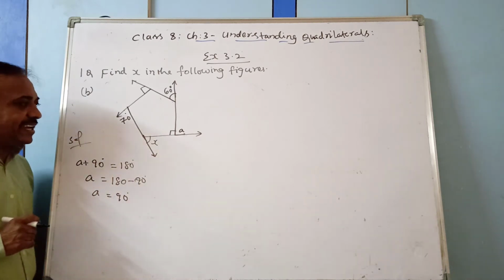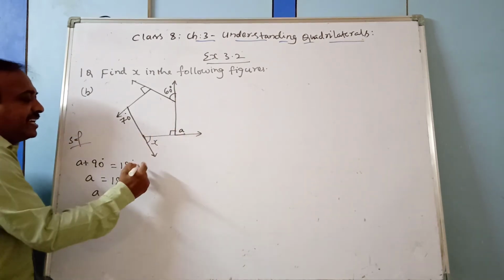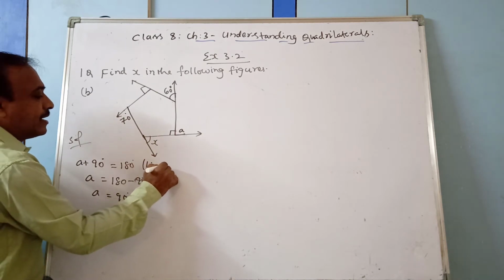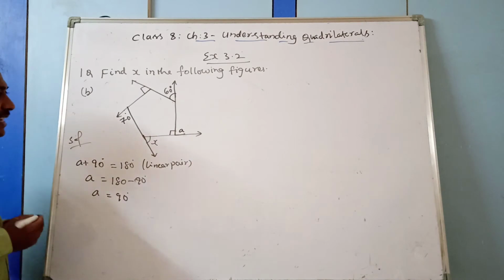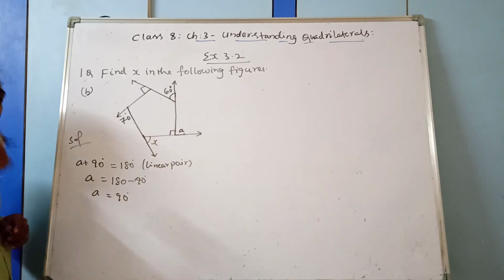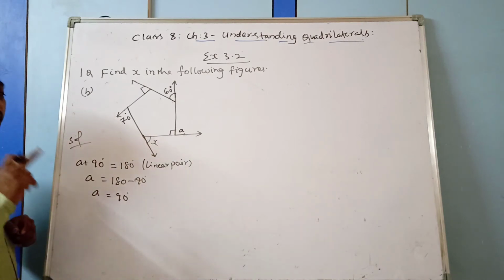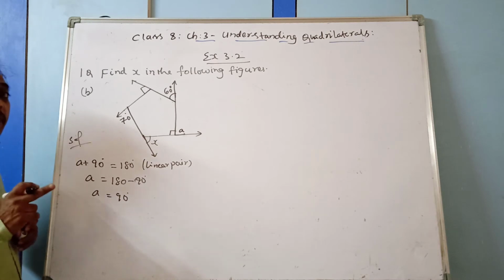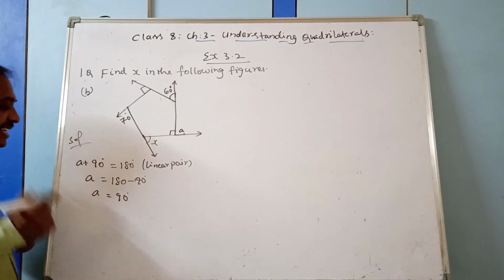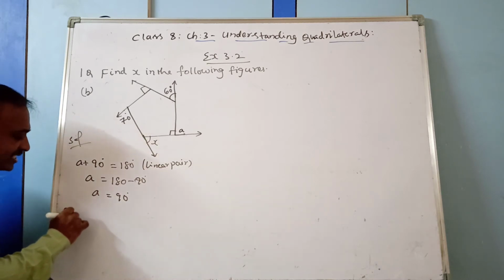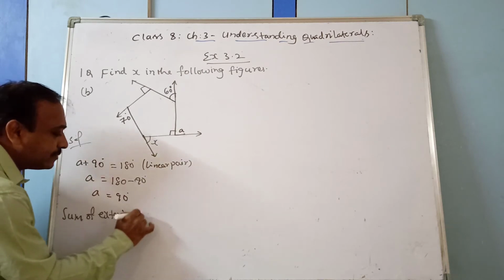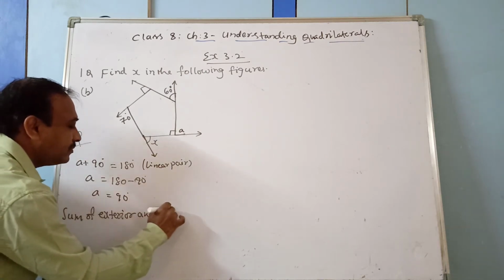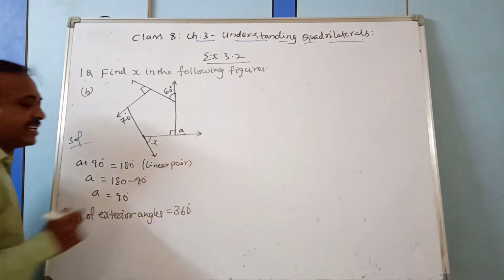These two form a linear pair. Next. Now you see, whatever the polygon is, the sum of exterior angles is equal to 360 degrees.